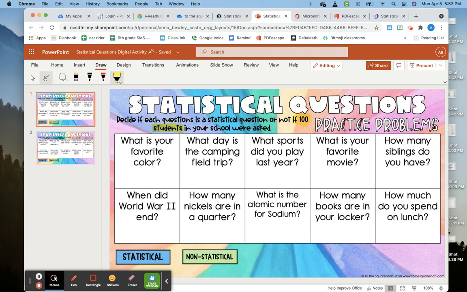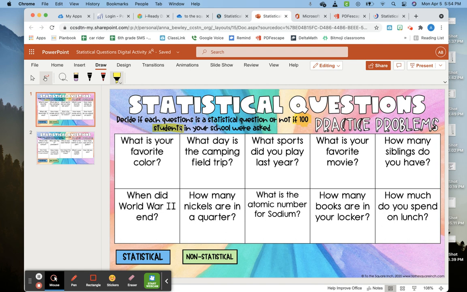So roughly the 6th grade. There's a few more than 100. But if you were to ask everyone in the 6th grade, would you get one answer or would you get a variety of answers? If you would get a variety of answers, it will be statistical. If you only get one answer, it would be non-statistical.